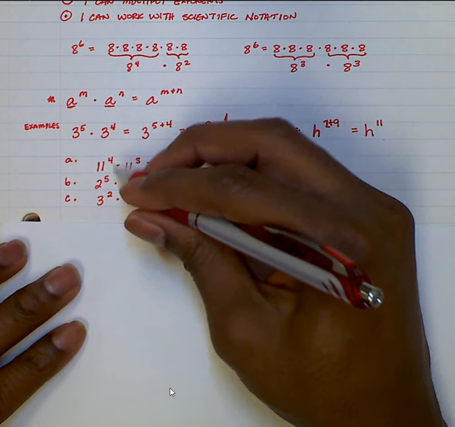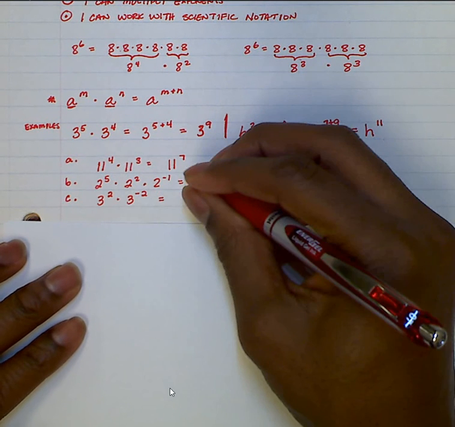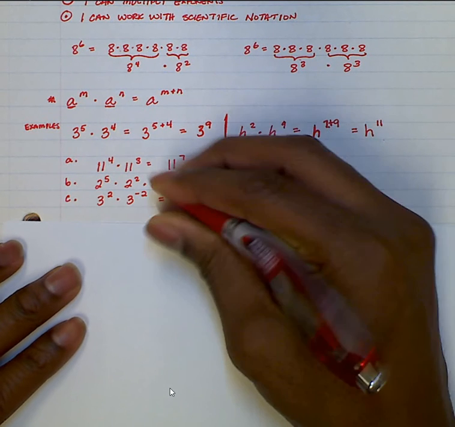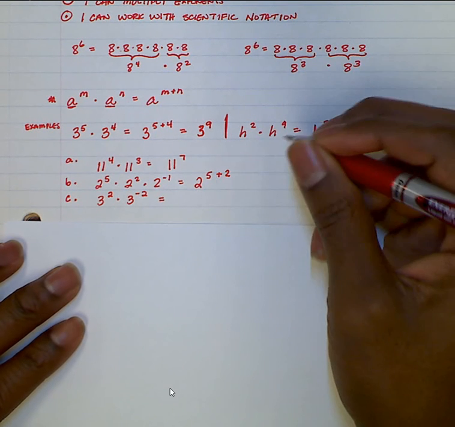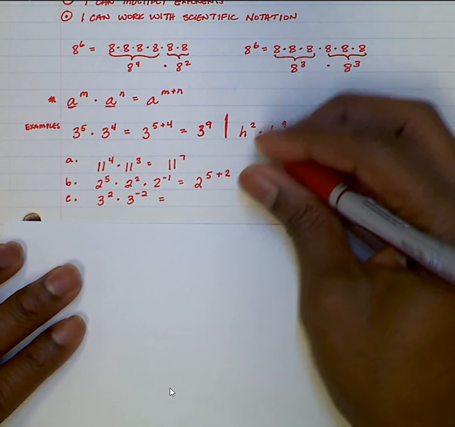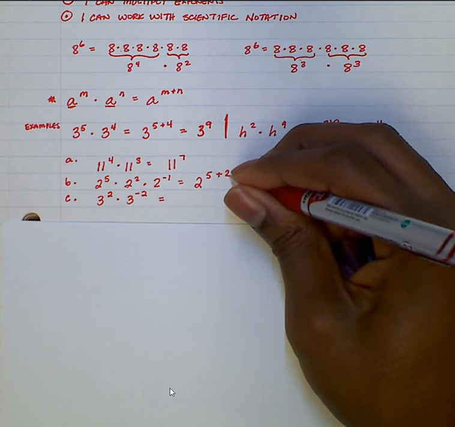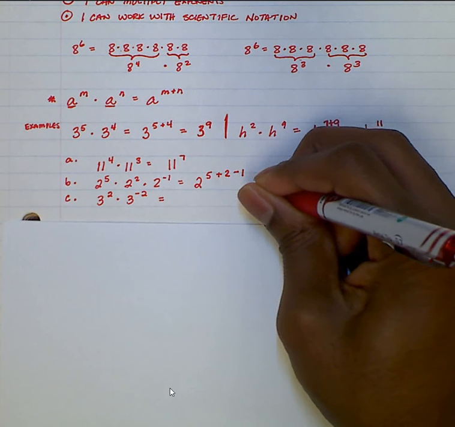Here we have 2, same base 3 times, so I have 2 to the 5th, and I'm adding 2, and here's a negative exponent, so I'm going to subtract 1. So I have 5 plus 2, which is 7, minus 1, which is 6. So this should be 2 to the 6th.